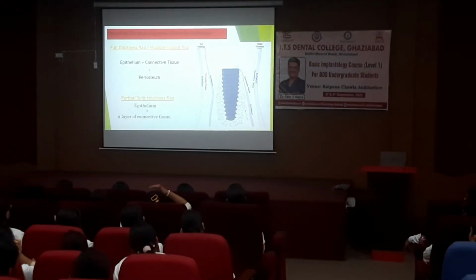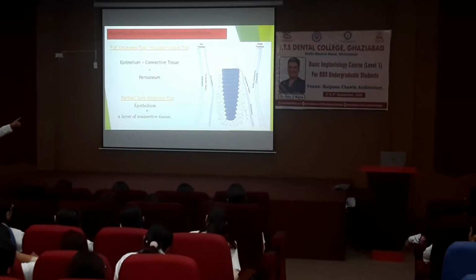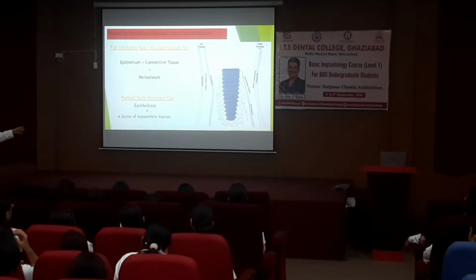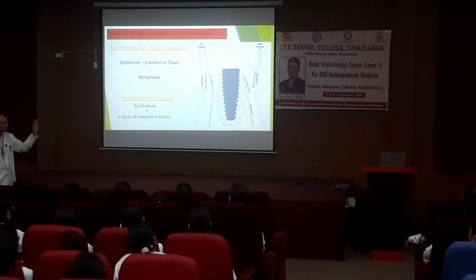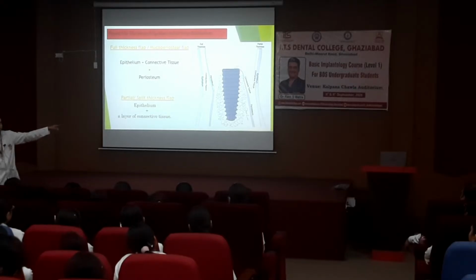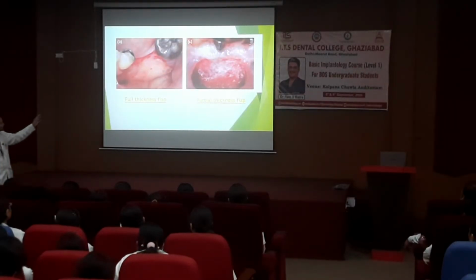So coming to what I've told you, full thickness includes periosteum, connective tissue and epithelial tissue. So once you reflect, the complete epithelium, connective tissue and periosteum is reflected. In partial thickness, you will leave the periosteum and some amount of connective tissue on the bone. So this is the clinical picture.